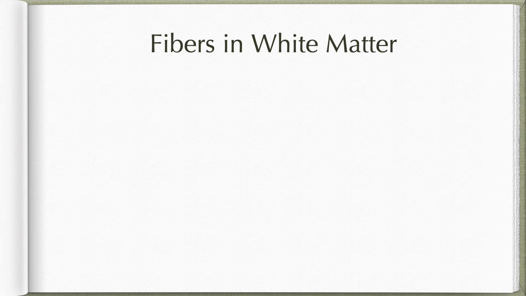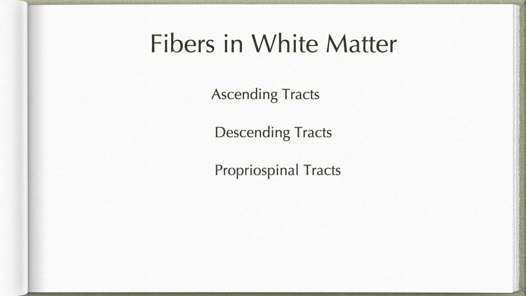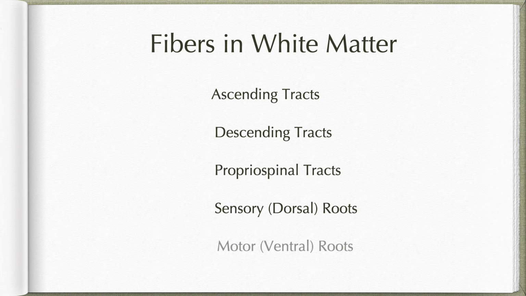The white matter is made up of different types of fibers. They are the ascending tract fibers, descending tract fibers, propriospinal tracts which span only a few segments of the spinal cord, the dorsal roots which are entering the spinal cord, or the ventral roots which are exiting the spinal cord.